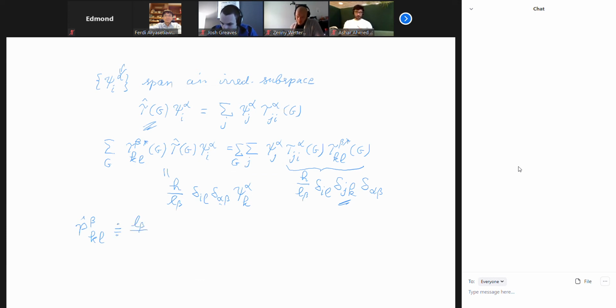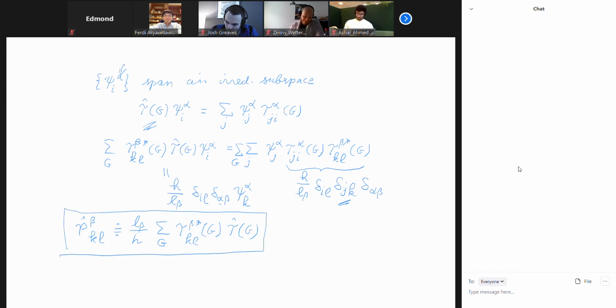P beta kl equals l beta divided by h, sum over g, t beta star kl for g, and t g. So we define this projection operator. Basically this is just this part here.